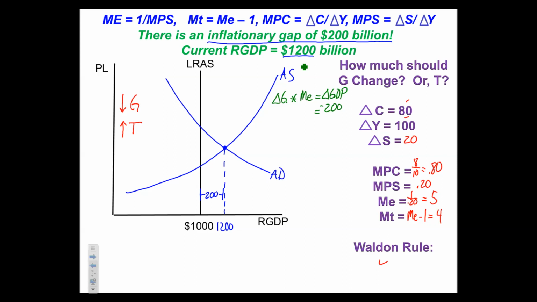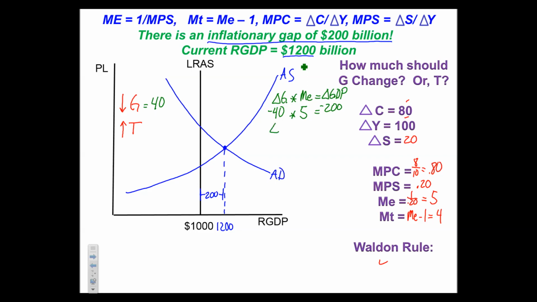That means we should reduce government spending by some level. The expenditure multiplier is 5. So what times 5 will give us negative 200? I say negative 40. That should be right. So if we decrease government spending by 40, that should fix it.